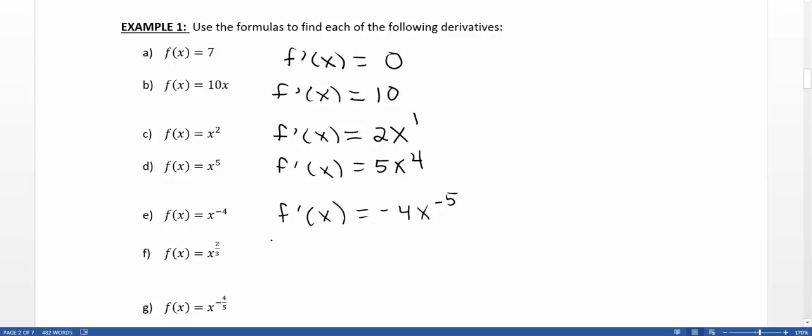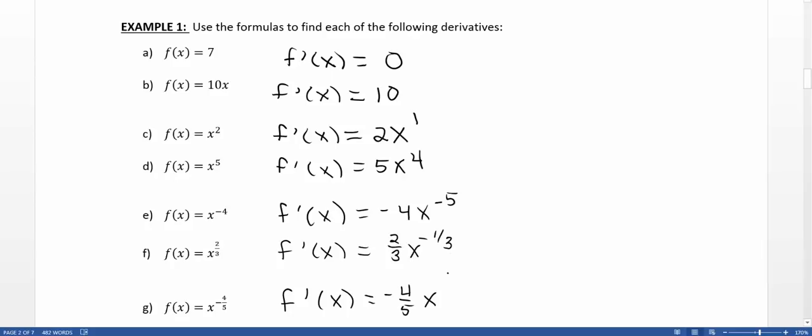If we have x to the 2/3, that means the 2/3 will come down in front. And then again, we're going to subtract 1 from the power. 2/3 minus 1 gives me negative 1/3. So again, be careful with fractions. And then finally, our last example here, G, we have x to the negative 4/5. So the negative 4/5 comes down in front, and then we subtract 1 from the power.